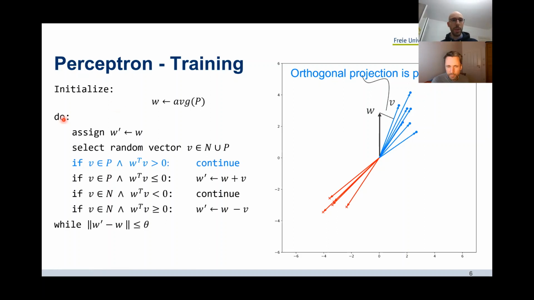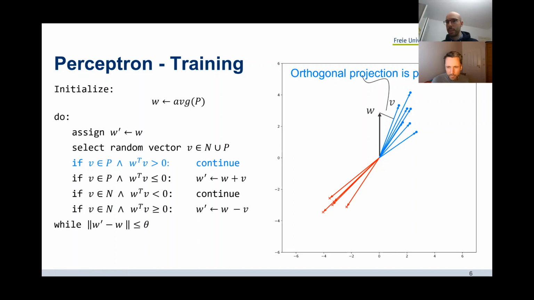Then we use an iterative procedure, and at every step we select a random vector from our N union P, so from all data points in our data set. And then we have 4 different cases. In the first case, we have drawn a positive point from our data set, this V for example, and the scalar product of our W with our V is larger than 0.